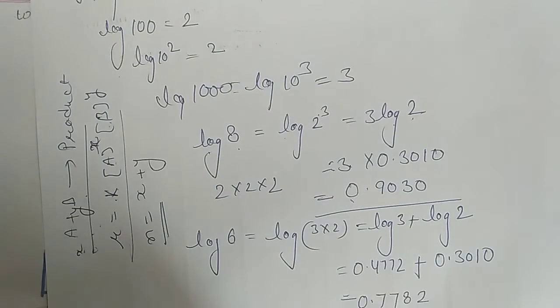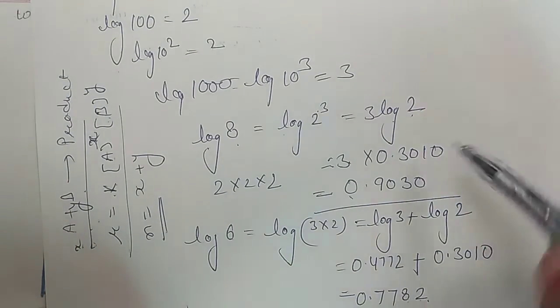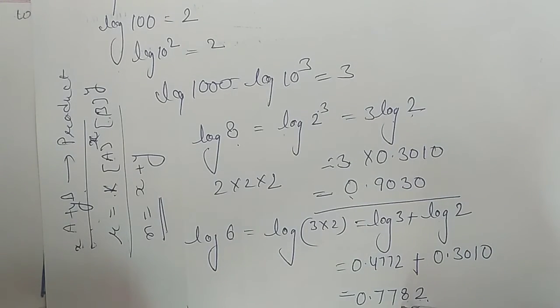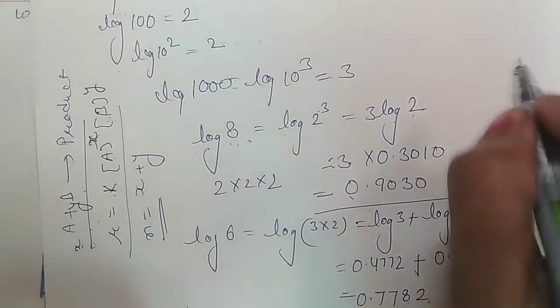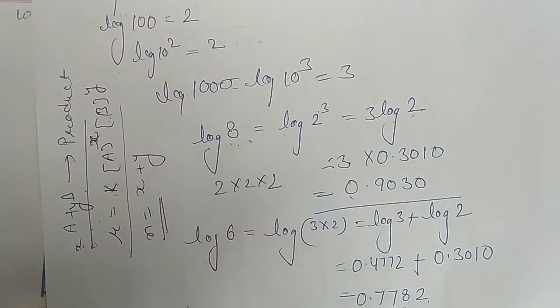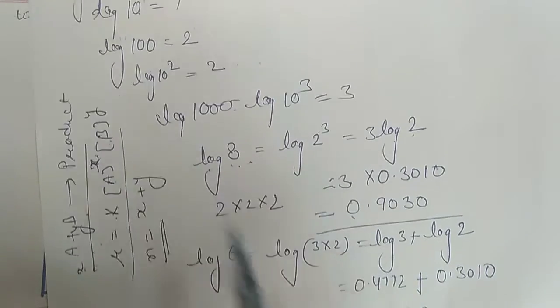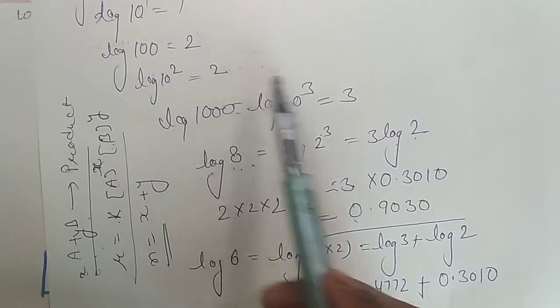So the value will be 0.7782. Thus we can calculate the values of different logs. We have to learn the three values: log 2, log 3 and log 5, and the powers of 10.